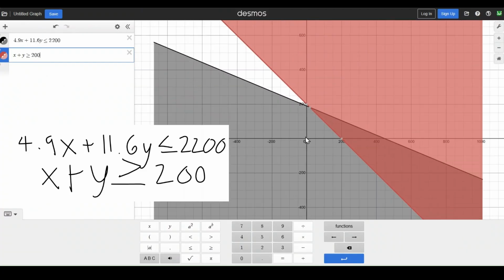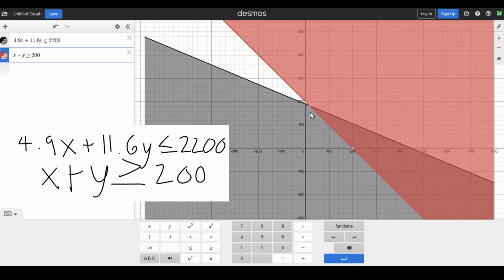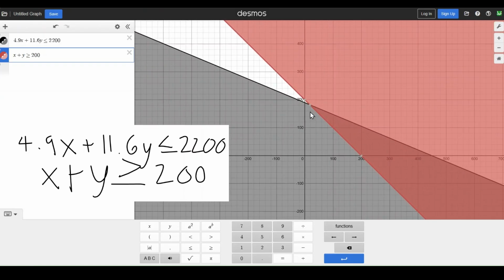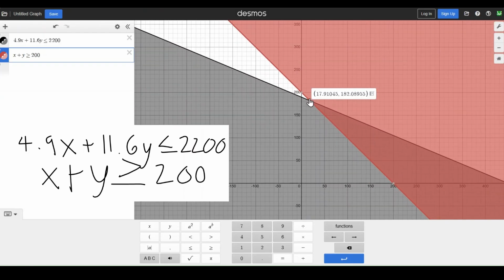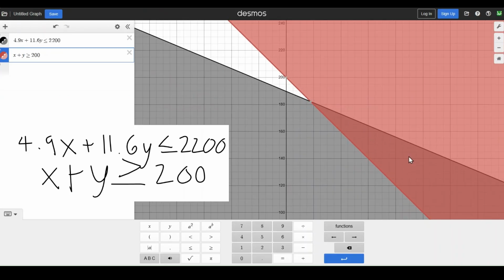So let's zoom out. You can see where they overlap. This is the area that would all work. Where they overlap, the maximum number of y you could have is 182. So 182 is going to be your answer.